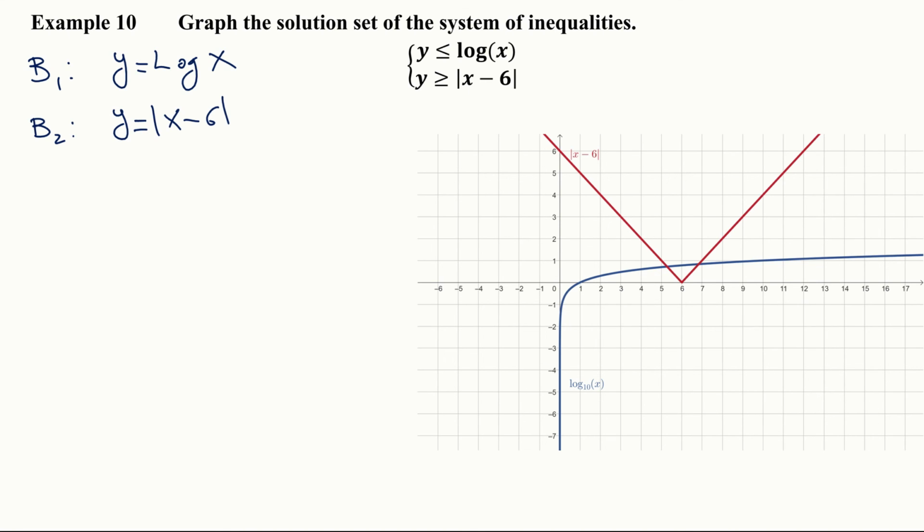Remember, for example, for the first one, we have y equals log x. Remember, that means log base 10 of x. So if we put it in its exponential equivalent form, we get x equals 10 to the y, right? So now if we just make a quick table.